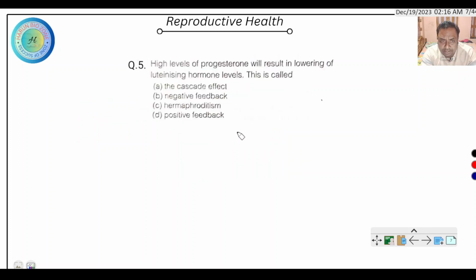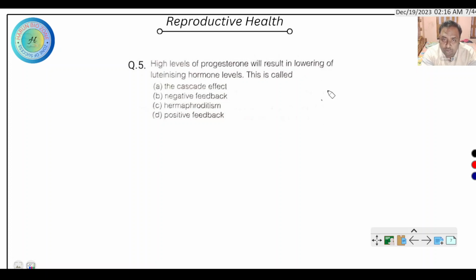Let me explain this question. High level of progesterone will result in lowering of luteinizing hormone level. Is this the cascade effect, negative feedback effect, positive feedback effect, or hermaphroditism?